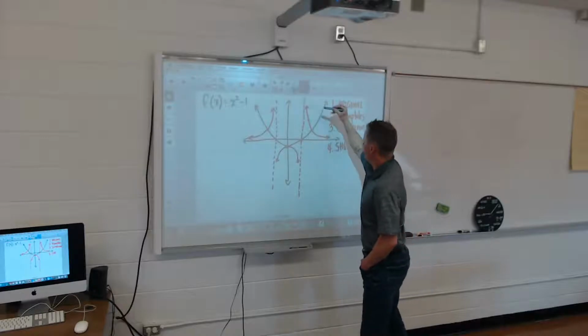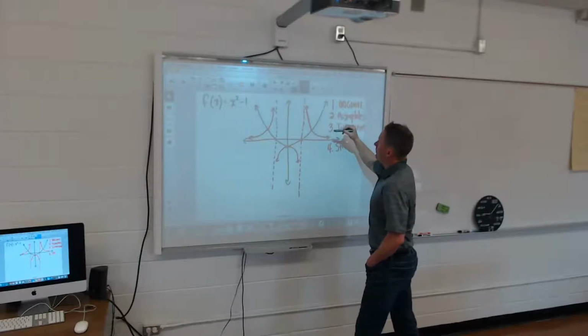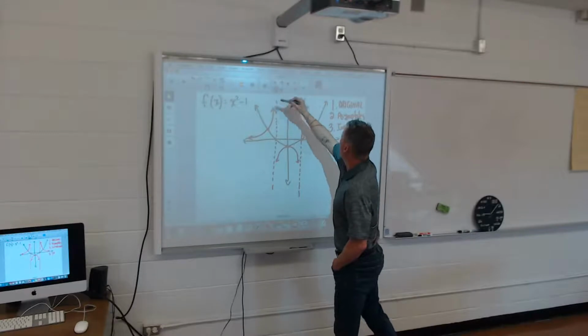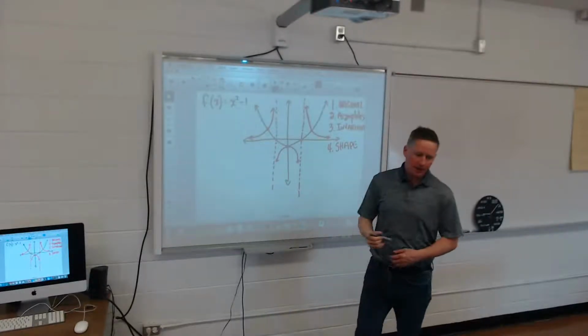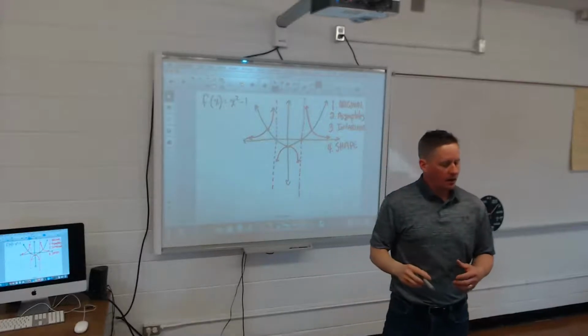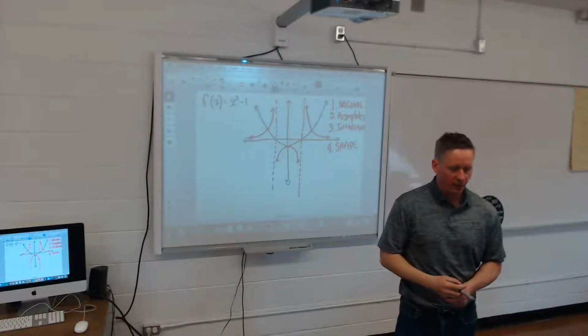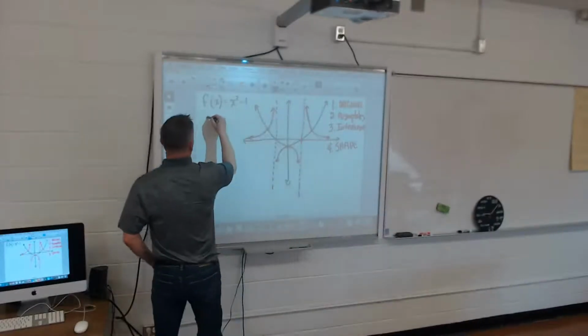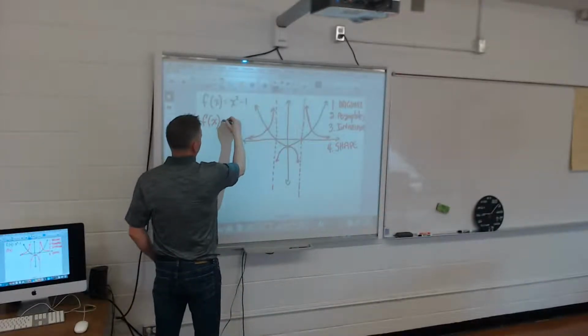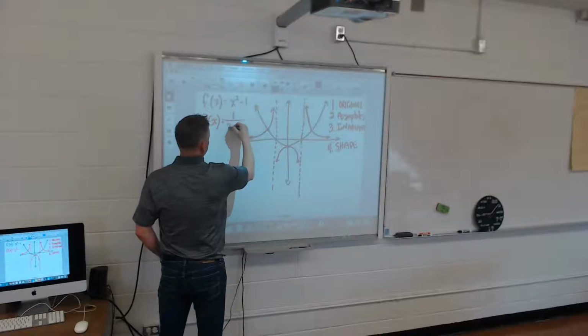How do you find your vertical asymptotes? Okay, so what an asymptote is, it's a spot on the graph where I can't get an actual value. So where is it in a graph that I don't get an actual value? Well, let's do this. I'll show you algebraically first.